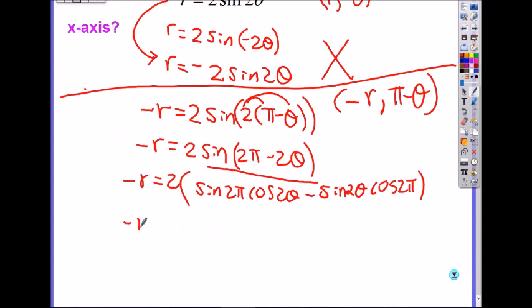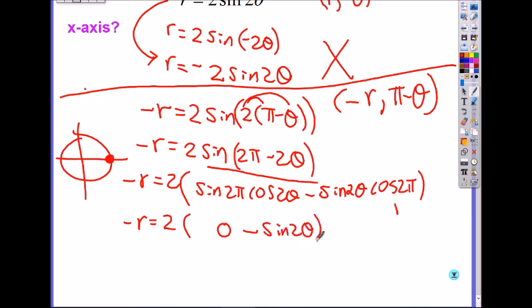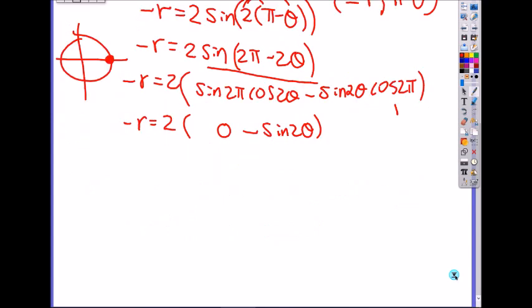So negative r equals 2 times what? Sine of 2 pi? In the unit circle, it is 0. So 0 times anything becomes 0, minus, what is cosine of 2 pi? 1. 1 times sine of 2 theta. So I get negative r equals 2 times 0 minus sine 2 theta, which is negative sine 2 theta.